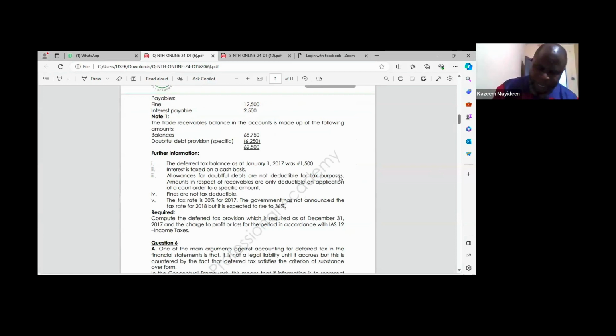Just like your PPE has a debit balance, we expect deferred tax to be a credit balance. That does not mean that there cannot be a debit balance. Get the logic, it is expectation. So, as at 31st December 2017, and the charge to profit or loss for the period in accordance with IAS 12 Income Taxes. Good.